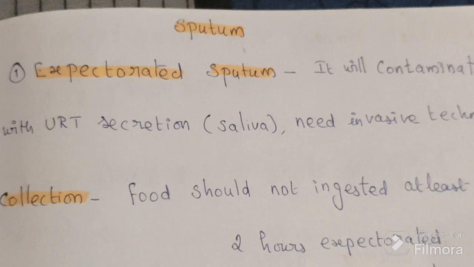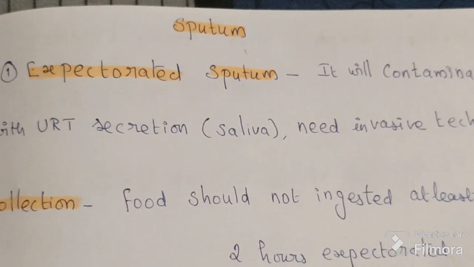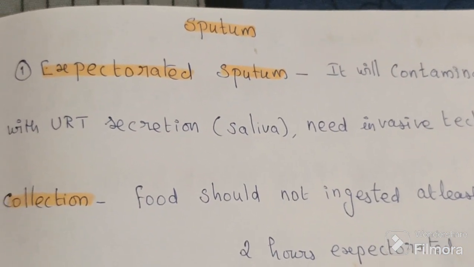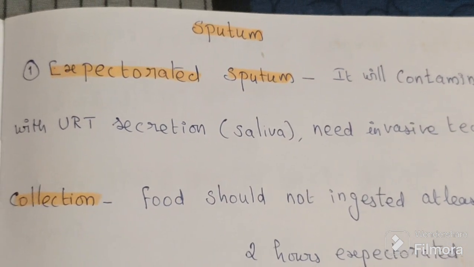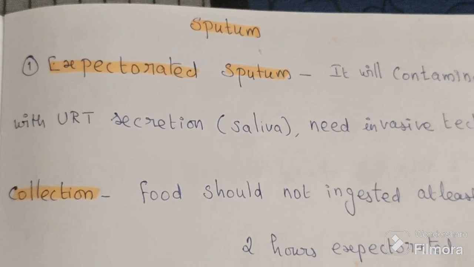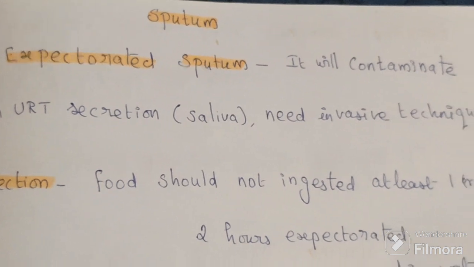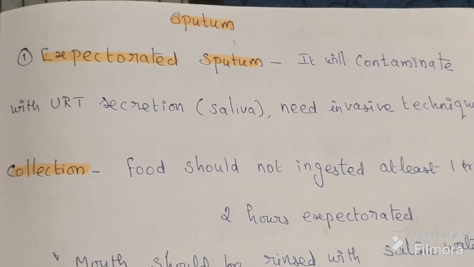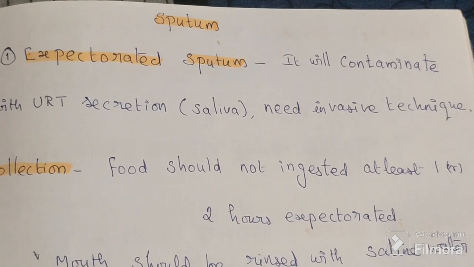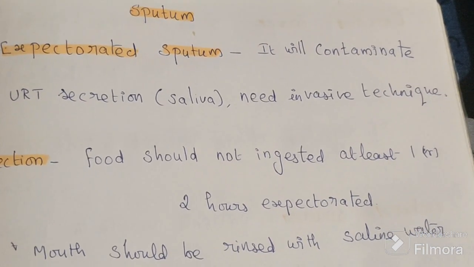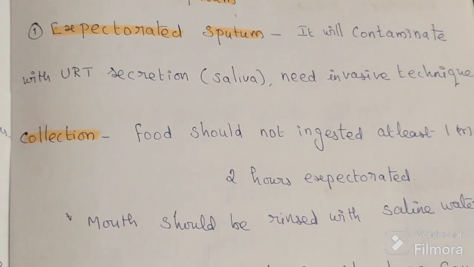Then sputum samples, of which there are two types. First is expectorated sputum. It can be contaminated with upper respiratory tract secretion and saliva. The other needs an invasive technique.